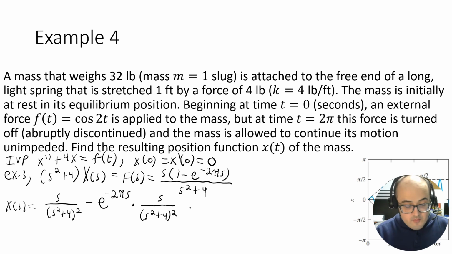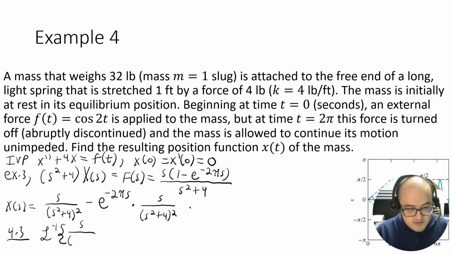So, from what we did back in section 4.3, the inverse Laplace transform of s divided by s squared plus 4 squared is 1/4 times t times the sine of 2t.